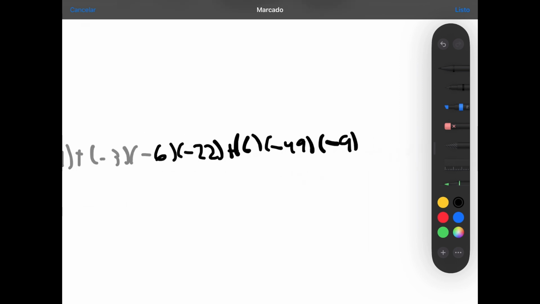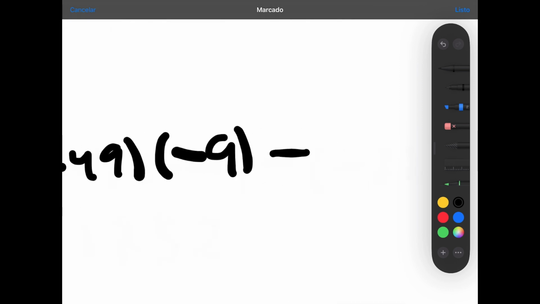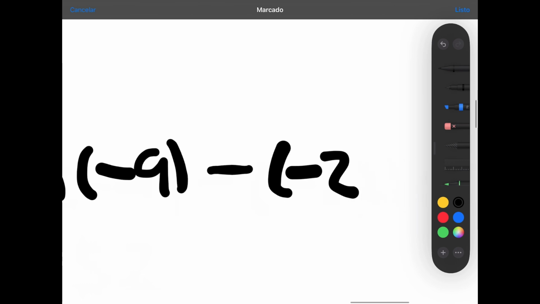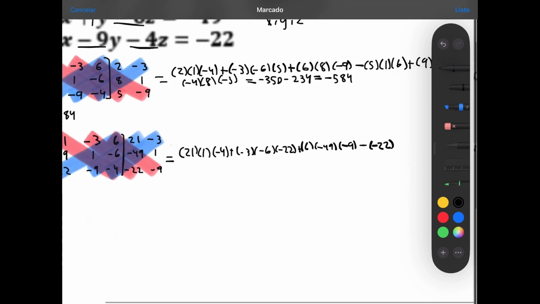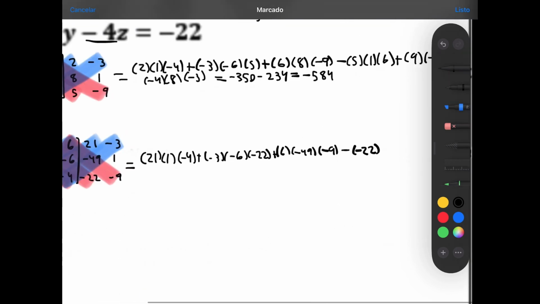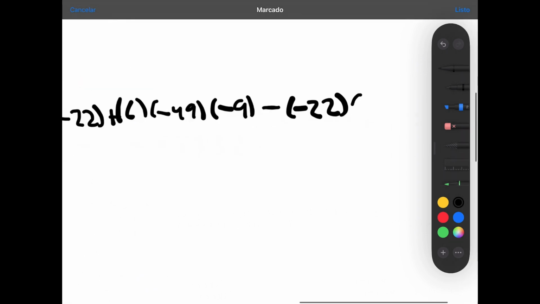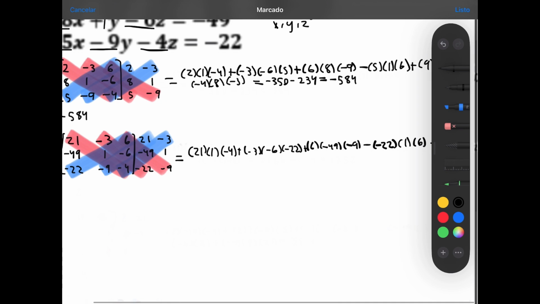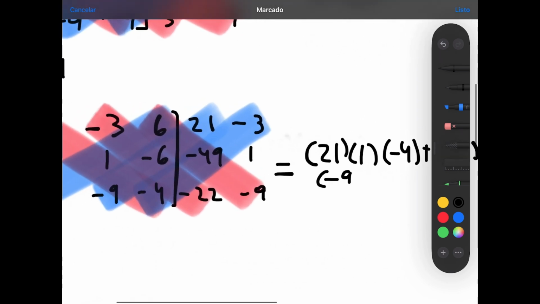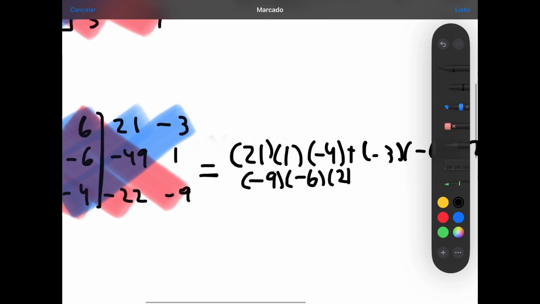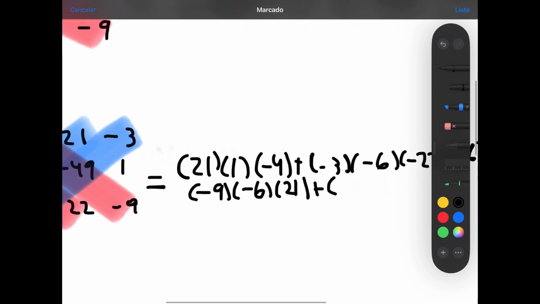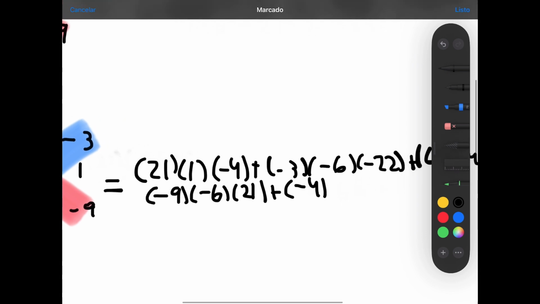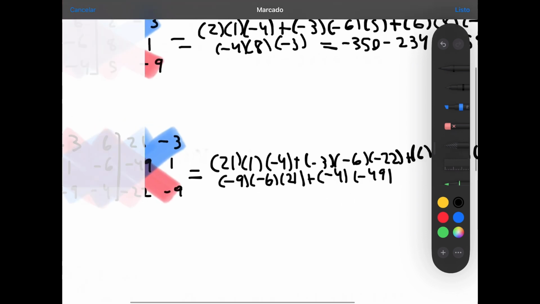Then once we finish the red ones, we're going to add the minus sign and keep going with the blue ones. So 22 minus 22, sorry, and then 1, and then 6 plus minus 9 times minus 6 times minus 21. This is really time consuming, but it's quite easy once you get the hang of it.